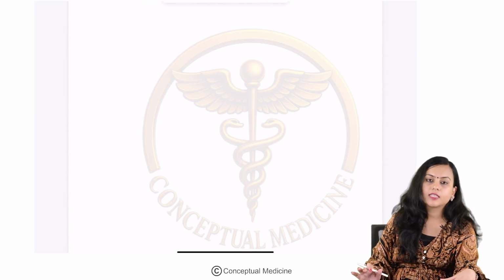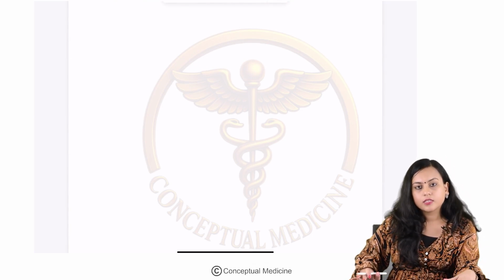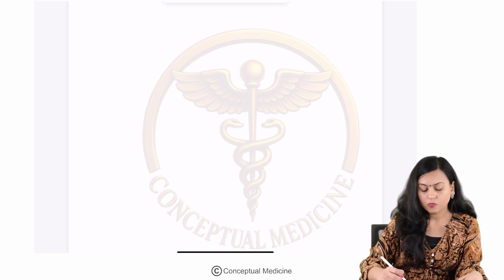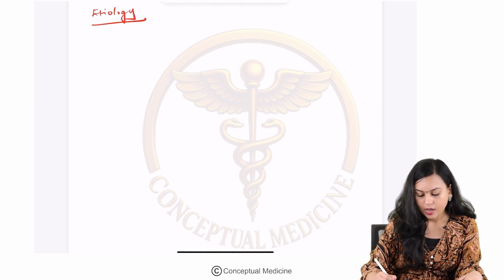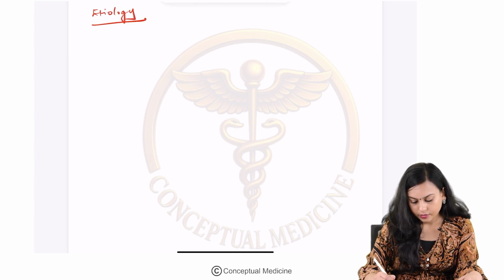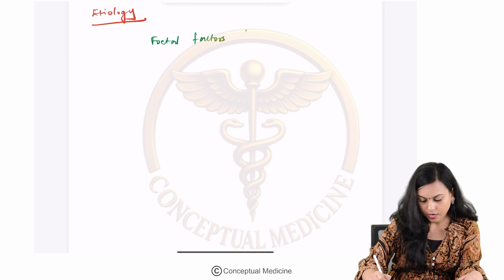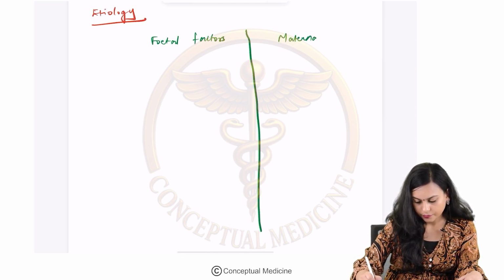Now we'll see what are the various factors or causes that can lead to this spontaneous pregnancy loss. What are the etiologies causing this pregnancy loss? We can divide them into two broad categories. Number one is the fetal factors and number two is the maternal factors.